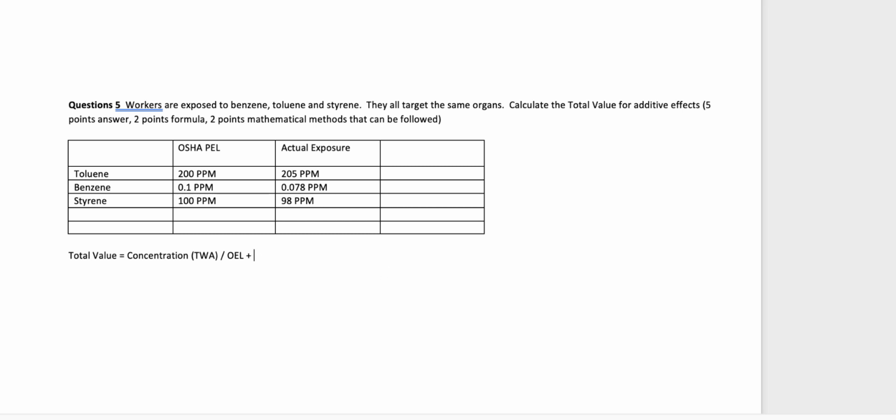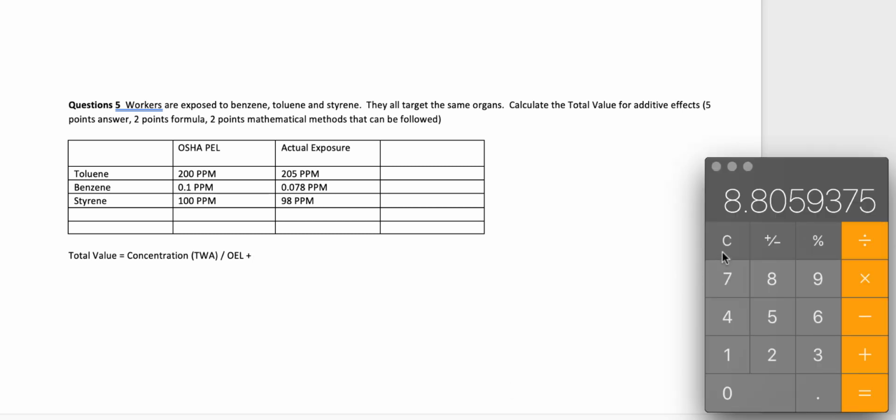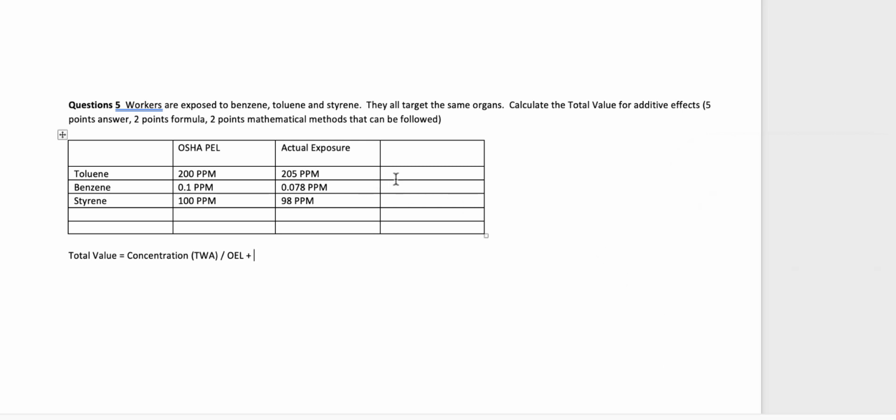So we just take the ratio of each one, which is our severity, and we add them together and see what the total value is, whether it exceeds 1 or not. And it's a way in which you're combining these different occupational exposure limits together. So the actual exposure was 205, and I divide that by 200, and it gives me 1.025, which means I'm already over, but let's do it anyways.